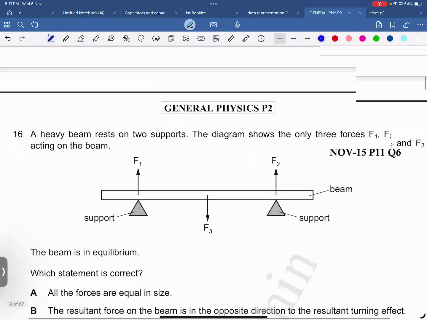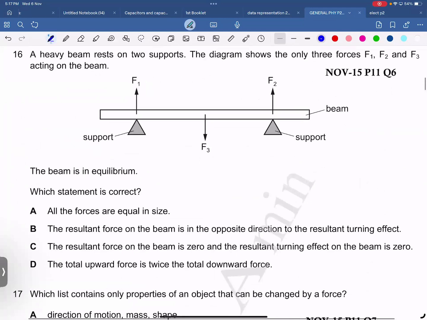Question number 16. A heavy beam rests on two supports. The diagram shows the only forces F1, F2, and F3 acting on the beam.